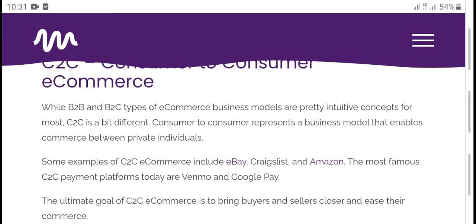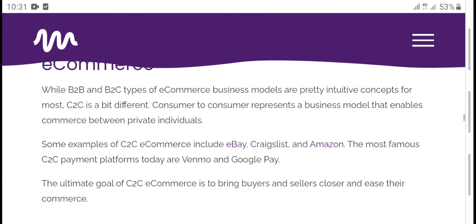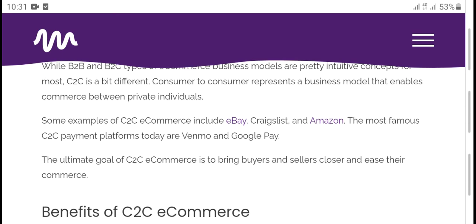C2C is a different customer business model that enables e-commerce between private individuals. Some examples of C2C e-commerce include eBay, Amazon, and other C2C payment platforms like Google Play.